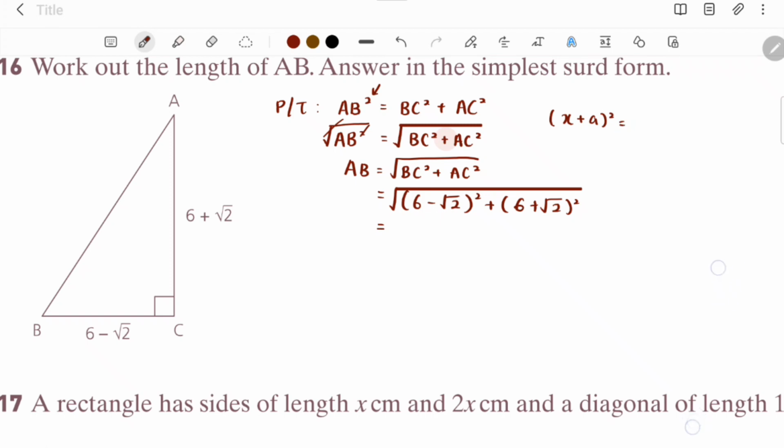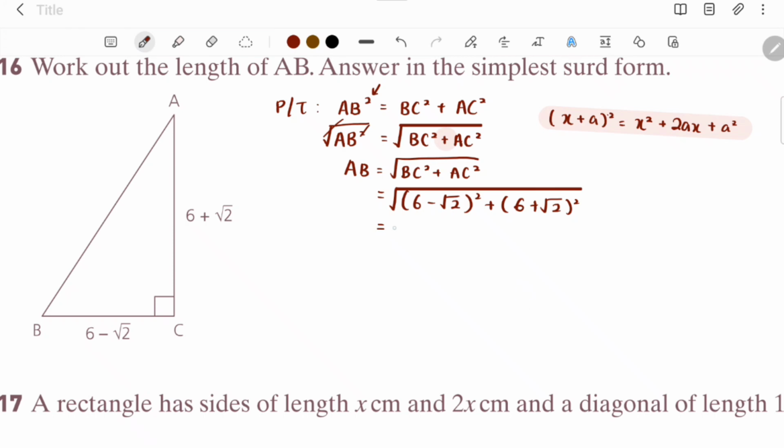You should get, the first term is always x squared, and then plus 2 times a times x, and then the third term is a squared.